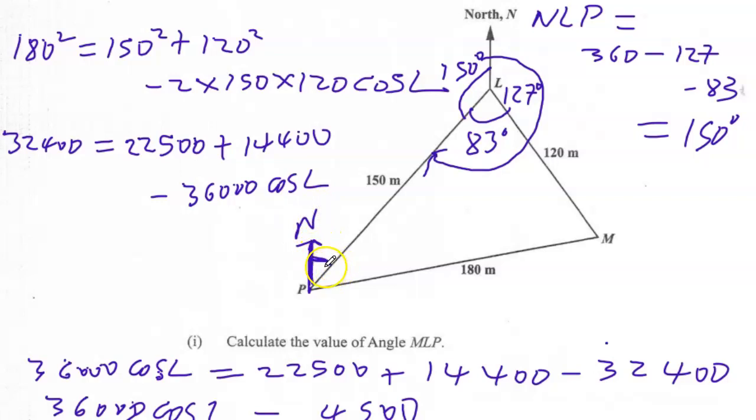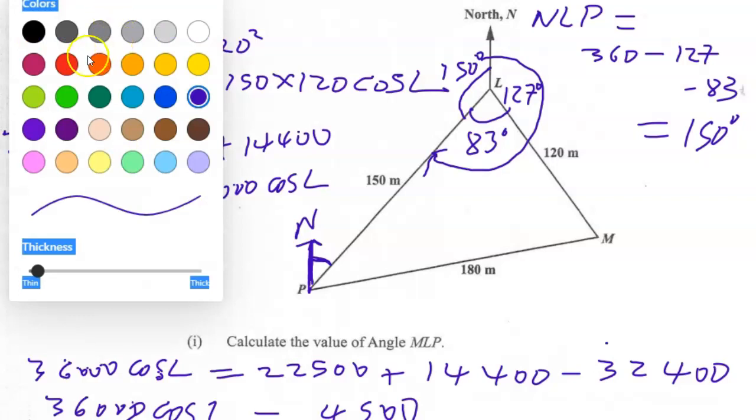So from the north of P to the line that goes to L, that's this angle. We can find this angle quite easily. Now let me use a different color ink just to differentiate.